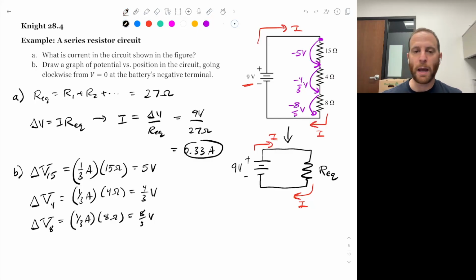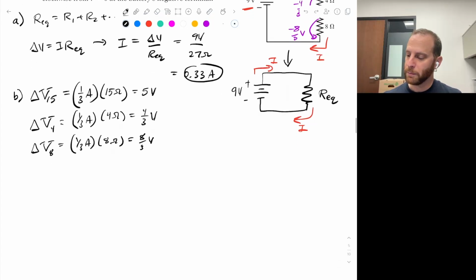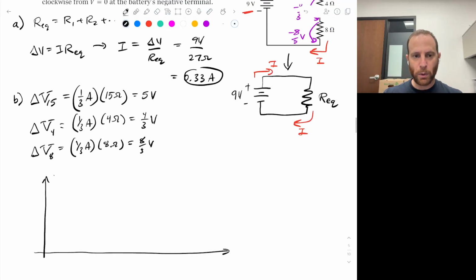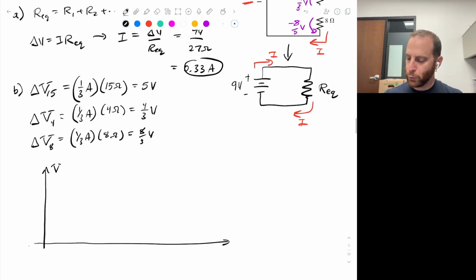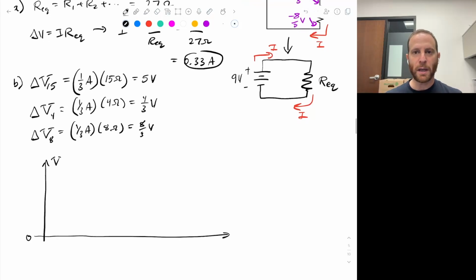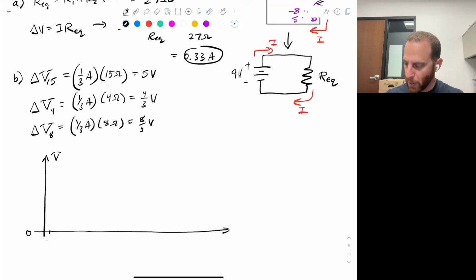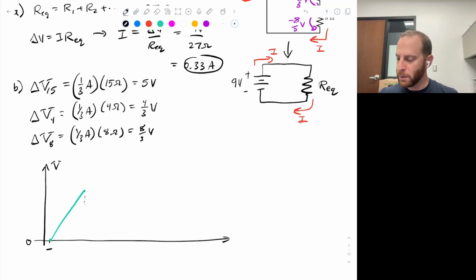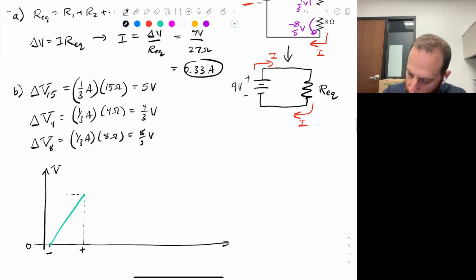But what we want to do now is draw a graph. By definition, we're going to set the potential to be 0 at the negative terminal of the battery. So I'm going to mark that right here with a negative, and I'm going to color all this in green. The voltage steadily increases until you get to the positive terminal of the battery, and at that point we've reached 9 volts.